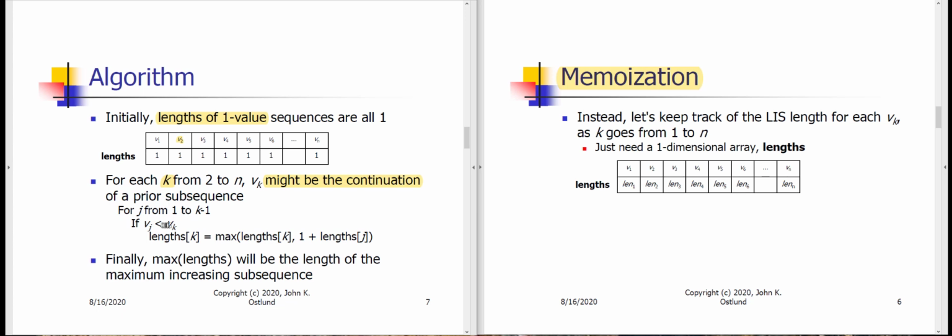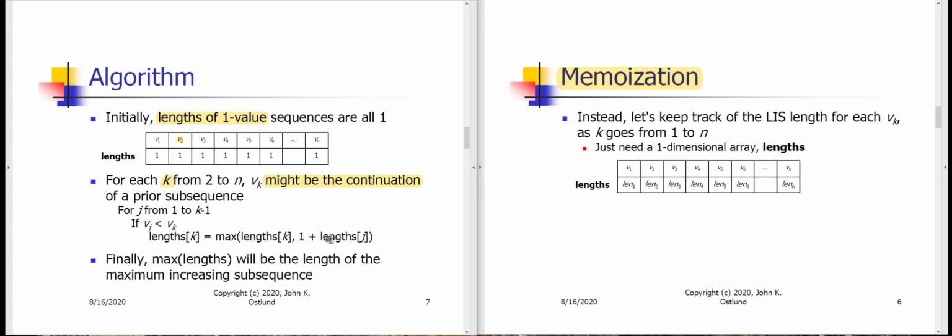If it is less than v sub k, then that means that the length of the subsequence, including k, is going to be the maximum of the length that we already know about for k, or 1 plus the length of j.